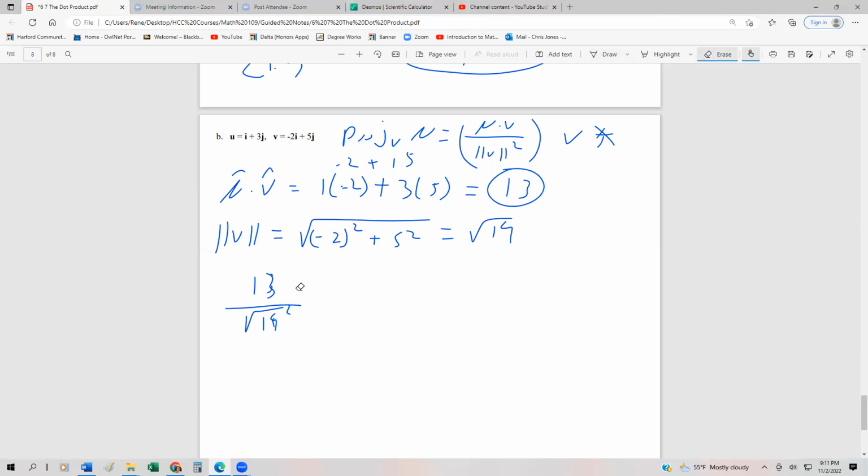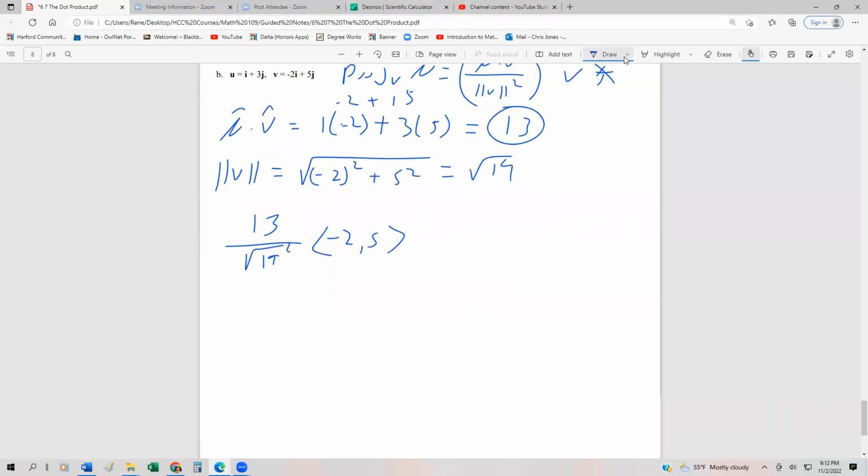Then we multiply that by v, which I'm going to put in component form instead of a linear combination, <-2, 5>. The square and the square root cancel each other out.